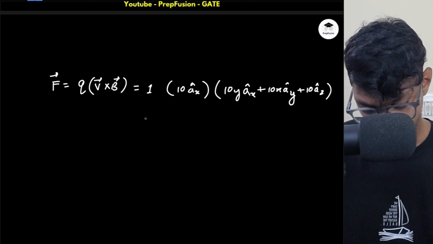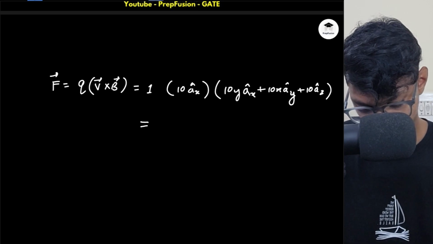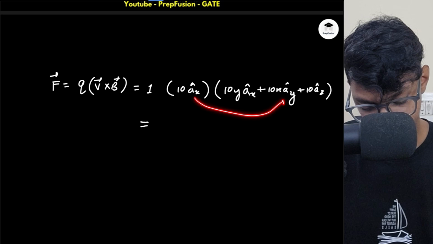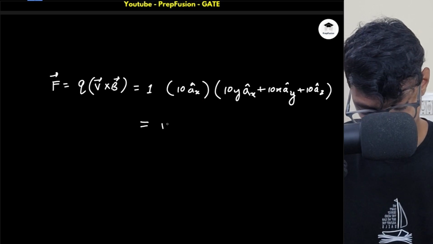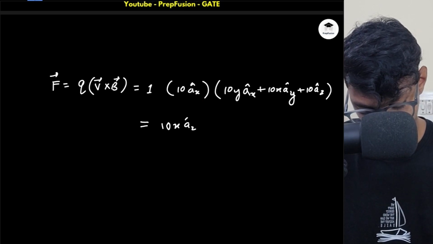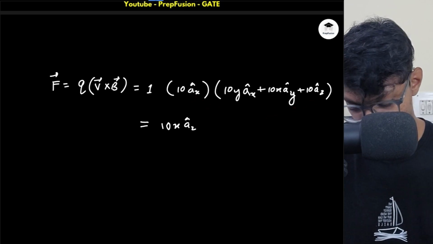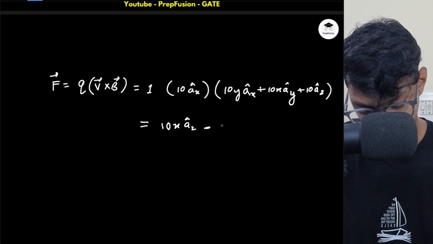Now if I do the simple cross product, what do I observe? So ax cross ax is 0. Ax cross ay will give me az, ax cross az will give me minus ay, and 10 times 10 will give me minus 100 ay.